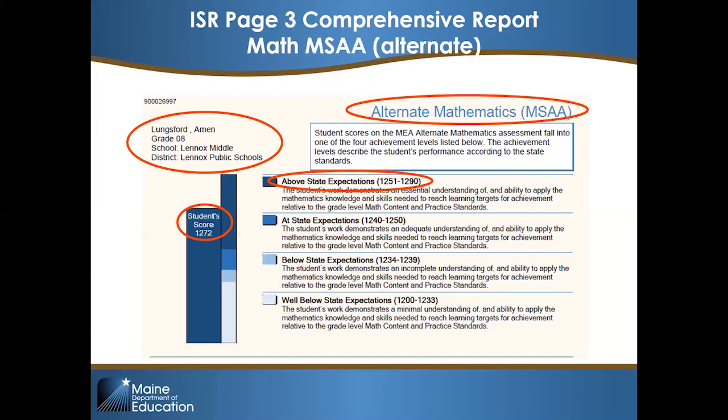The score ranges for above state expectations on 8th grade alternate math range from 1251 to 1290. The bar graph on the left is the corresponding color of above state expectations, next to the thin bar showing the distribution of all students in all 4 achievement levels across the state.